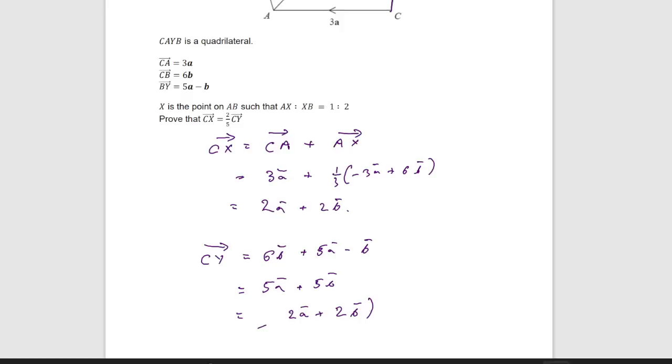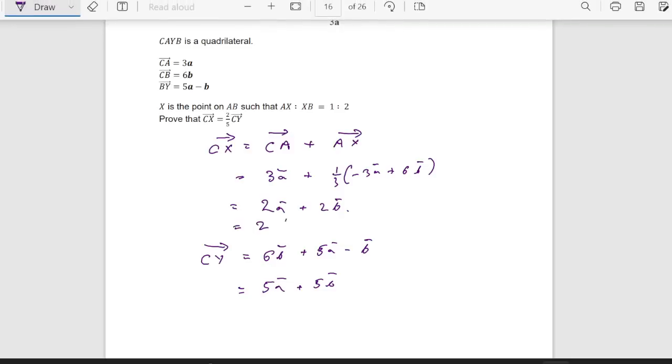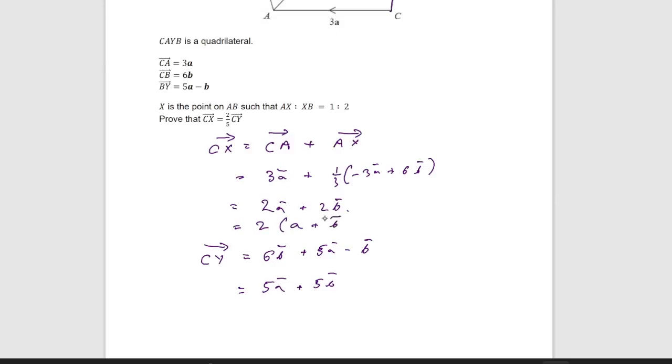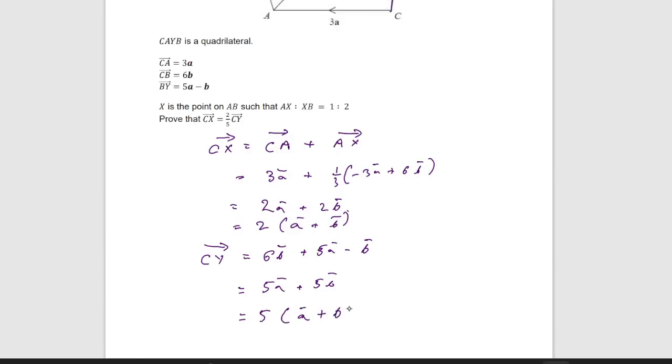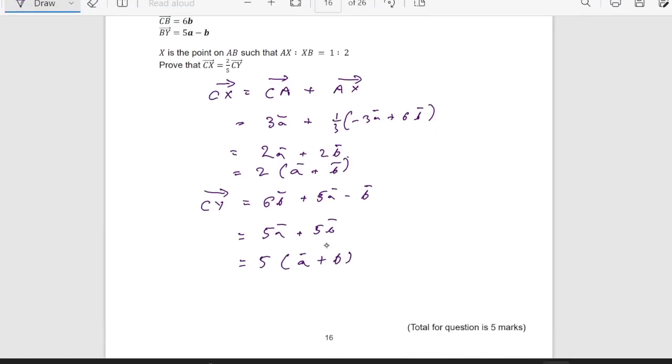What I'm actually going to do is factorise both of them. So I'm going to say that that is 2 lots of A plus B, and that is 5 lots of A plus B. So they're not equal, but we've got the same part there.